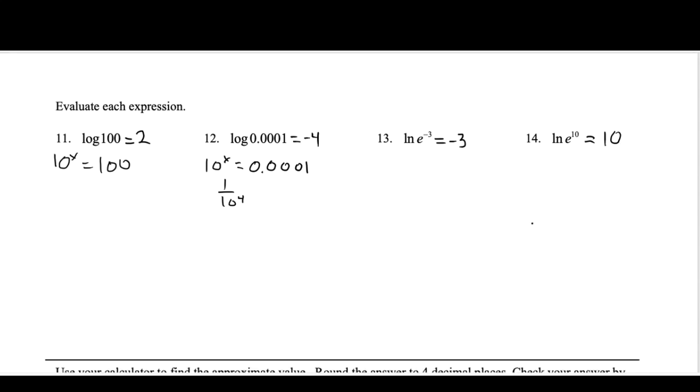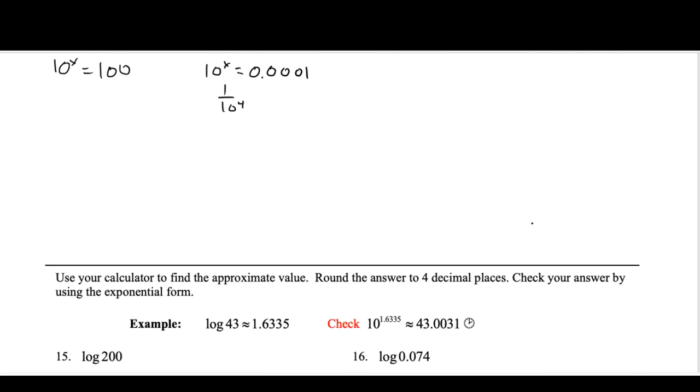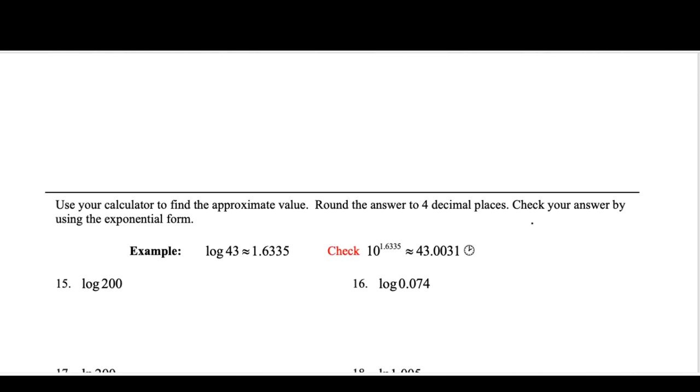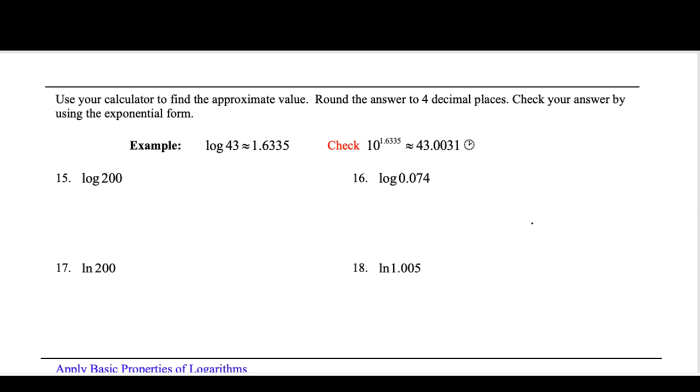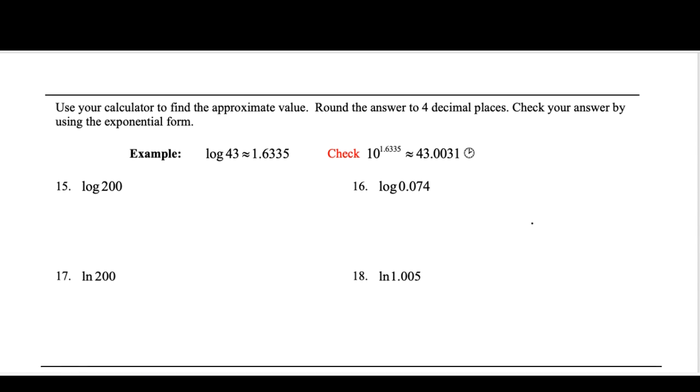Now, some logarithms, like we said, are not so straightforward to evaluate just by inspection or by hand. Something like log 43. We would say 10 raised to what power equals 43? It's not obvious what that is, but you can use the log key on your calculator to evaluate that.